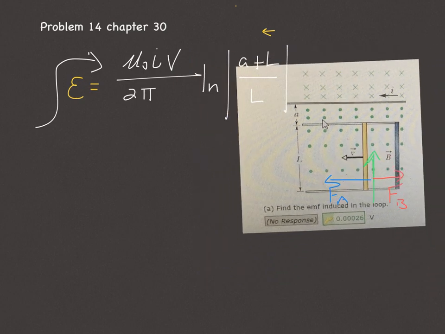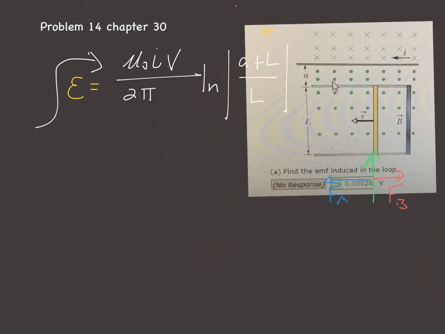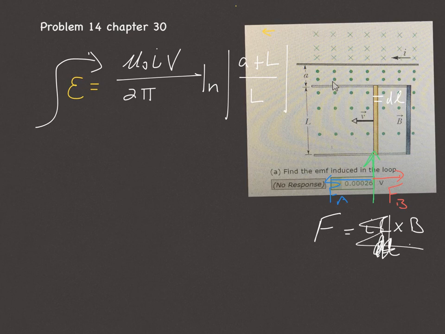Now, what also is happening is that the force is equal to I L cross B. Each little section, each little dL, is going to have a different amount of force on it.